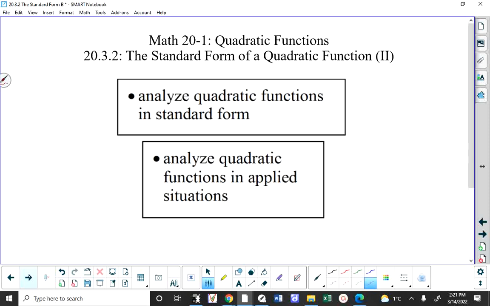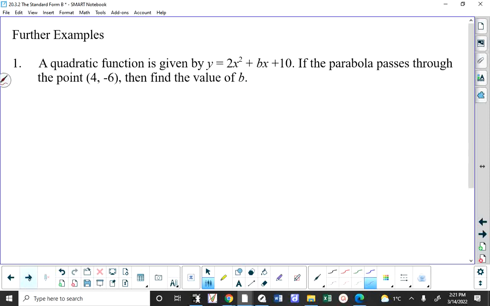I mean, let's just take our time and break things up. So we're analyzing quadratic functions in standard form, which is what we did on Friday. And we're going to continue to look at applied problems. Let's just jump right in. A quadratic function is given by this: y equals 2x squared plus bx plus 10.